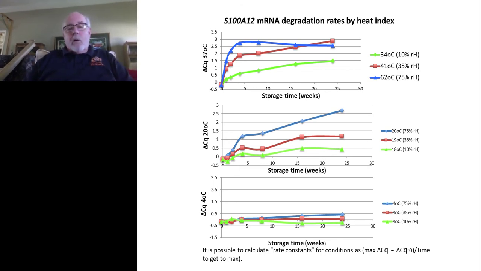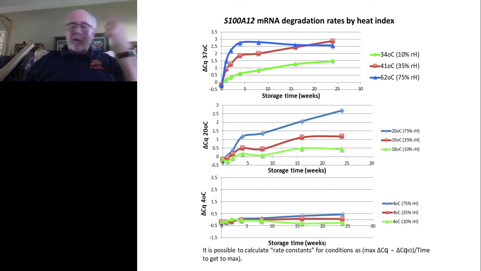So here are 3 of our storage conditions in terms of temperature: 37 degrees, 20 degrees, and 4 degrees. And then the colored curves in each of these panels represent the relative humidity. And I've got them listed here.